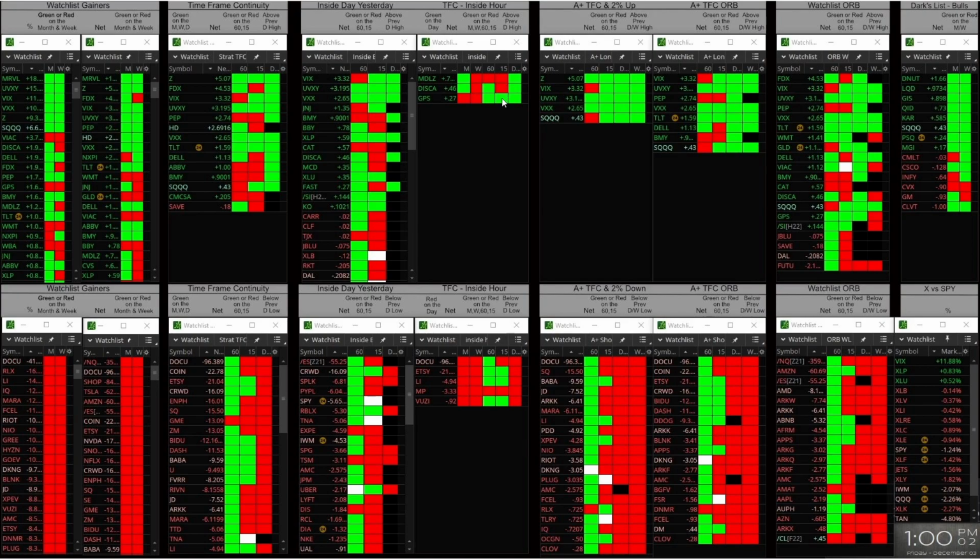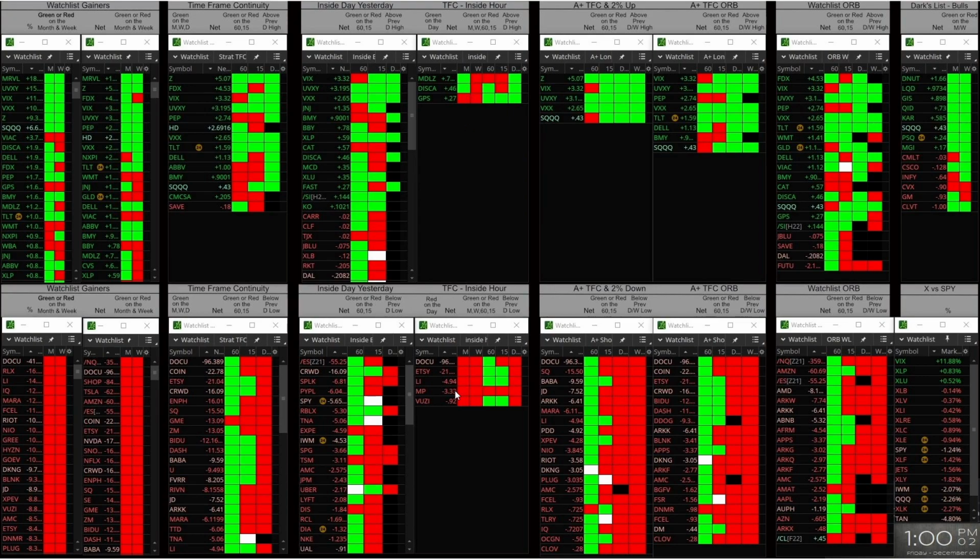It's not really considered when you're looking at the full time frame continuity. Full time frame continuity would be, again, month, week, day, and 60. But the 15 is what you can spot some reversals on. Okay, we'll see some examples in a few minutes. But this right here would show you at a glance, do you have time frame continuity?